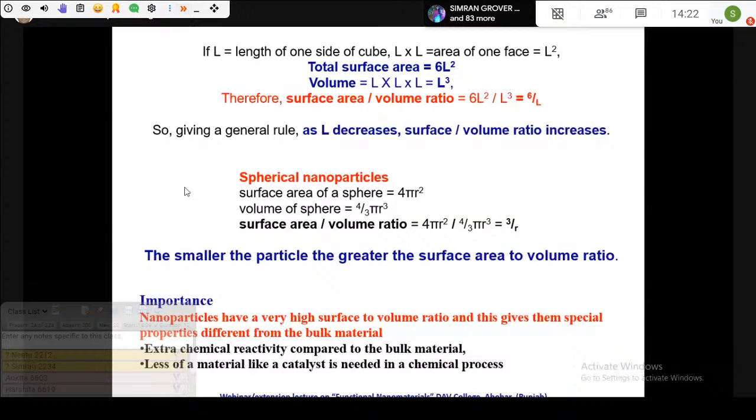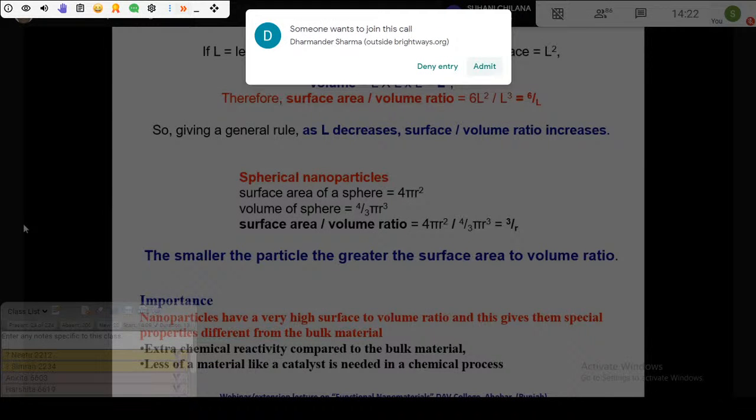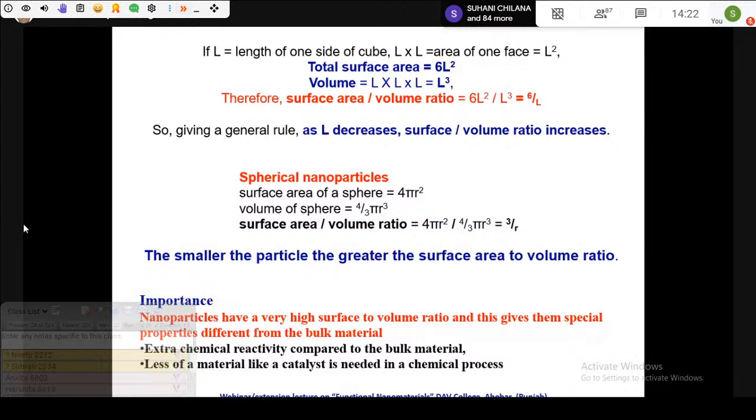For example, in graduation, in PG, we always learn about chemical reactions, and we have learned about catalysts. And for catalysts, we say that when we use the catalyst in powder form, the reaction accelerates, or the rate of the reaction is very high.